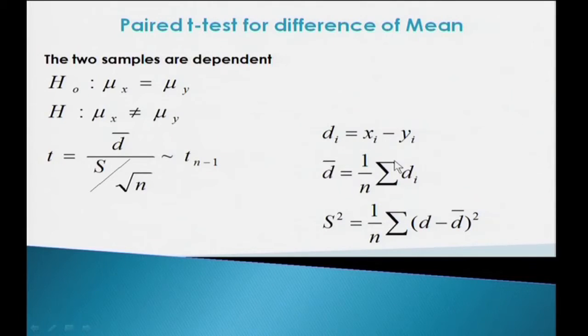So make some columns with xi, yi, write xi minus yi, then d bar, S square. Then use them here and that will give you T calculated. Only this is the difference, rest all the processes are the same. T calculated is then compared with the T tabulated value, and if it is more than the tabulated, it goes to the rejection region. If it is less than tabulated, it goes to acceptance. Acceptance here means acceptance of H naught.